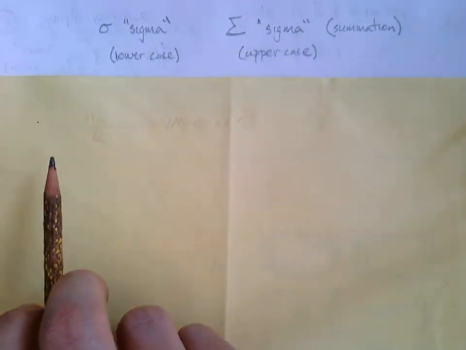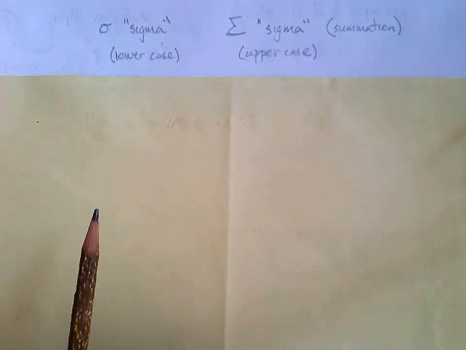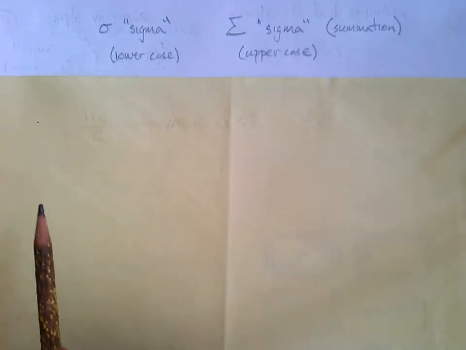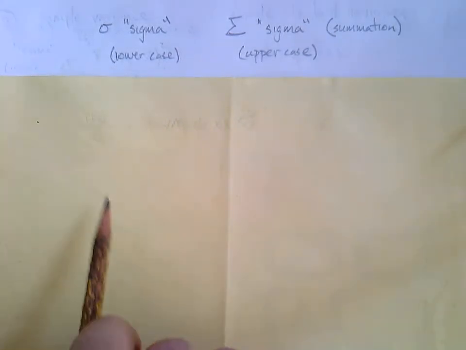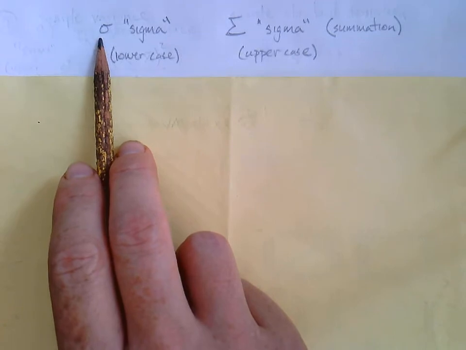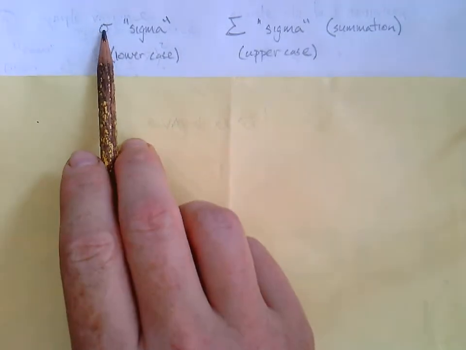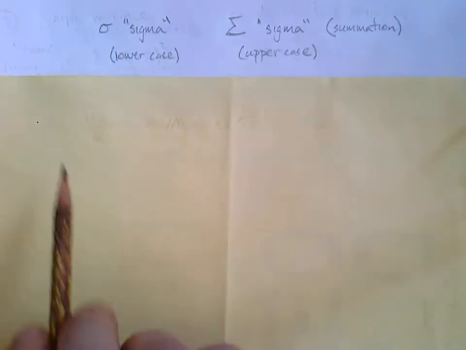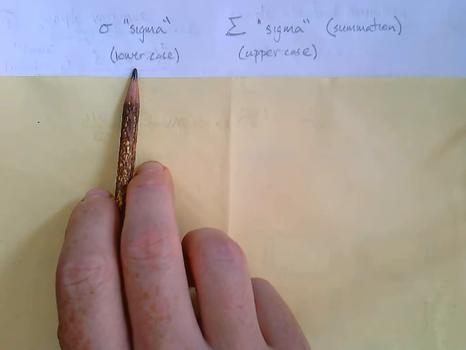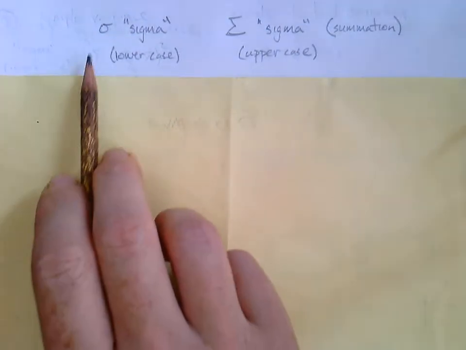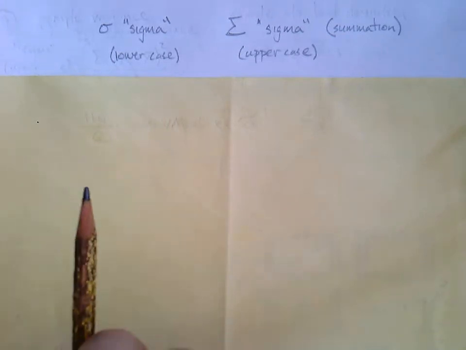For the variance of a population, it's denoted with this variable. It kind of looks like an O with sort of a tail coming out the top. That is the Greek letter sigma. That's actually the lowercase version. And there's a reason why they pick that particular Greek letter. I'll explain that in a little bit.